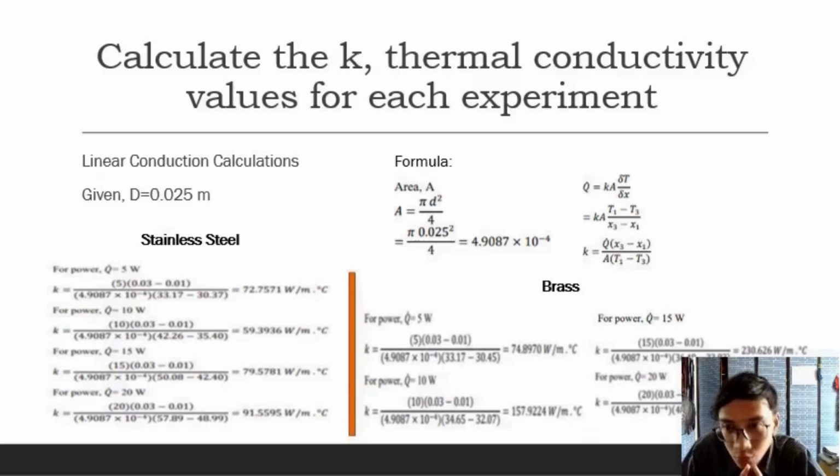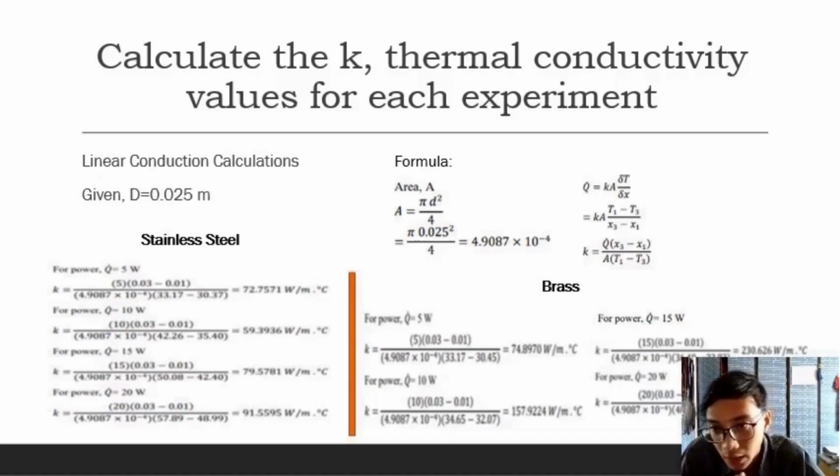For the brass also, we have the same equation for K, which is K equals Q, where Q is 5, and x is 0.03 minus 0.01, divided by 4.9087, which is the area, times the difference of T1 and T3.